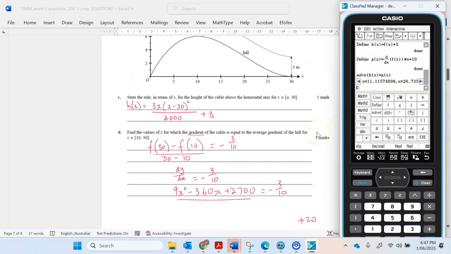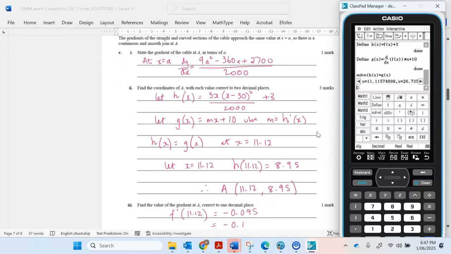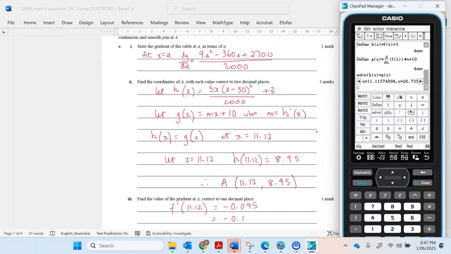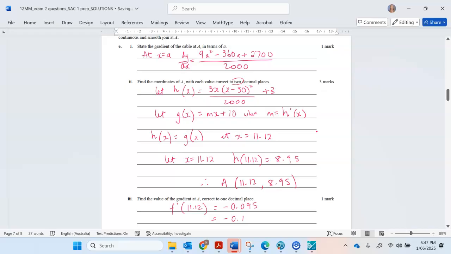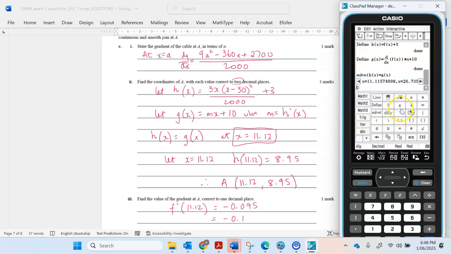So 11.12 is our x value, and we're doing it to 2 decimal places. Then we just let x equal 11.12 and substitute that back into either hx or gx, and we get 8.95. On the calculator, I could just go h of.